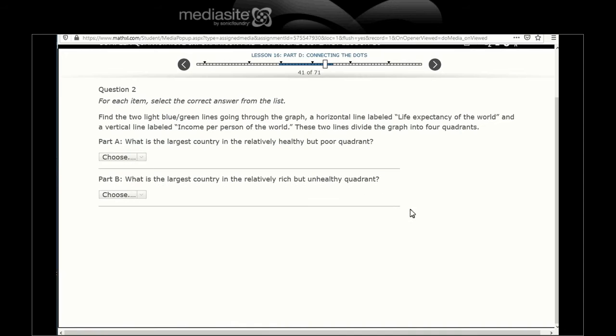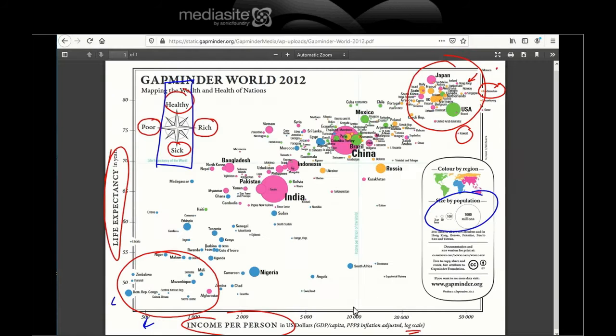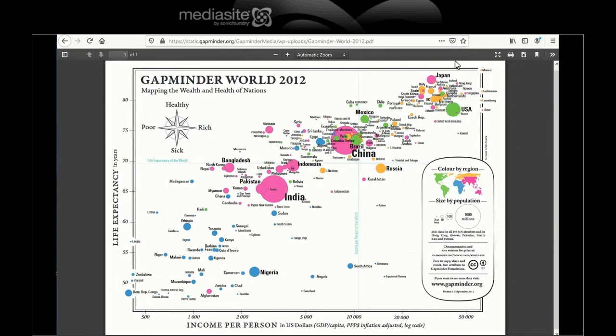Next question. Find the two light blue green lines going through the graph. A horizontal line labeled life expectancy in the world and a vertical line labeled income per person of the world. These two lines divide the graph in 4 quadrants. Too much stuff on here. Oh, here we go.